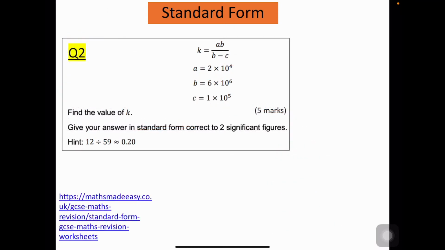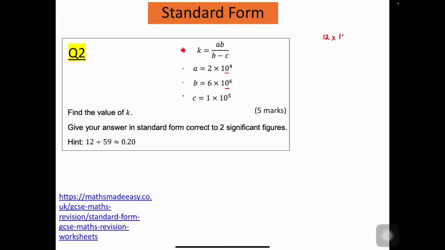Question 2, find the value of k. We have our equation here, and it looks like we have to substitute these values into that equation. So AB is going to be 2 times 6 multiplied by 10 to the 4 multiplied by 10 to the 6.